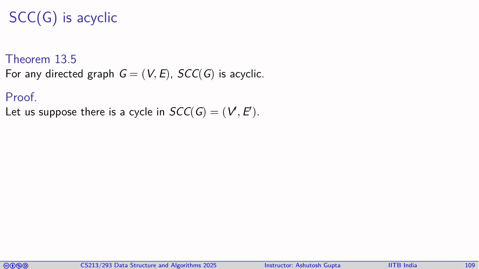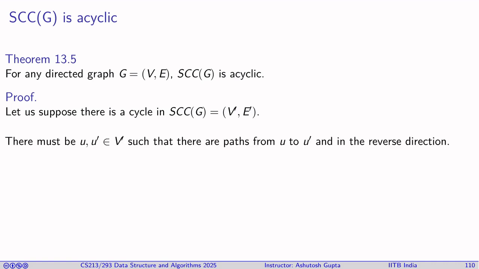Now, here's an important fact about SCC of G. It says that if you have a directed graph G, its SCC of G is an acyclic graph. Now let's see the proof. Let us suppose there is a cycle in your SCC of G, and that graph is denoted by (V prime, E prime). So there must be nodes U and U prime such that there are paths from U to U prime and in the reverse direction.